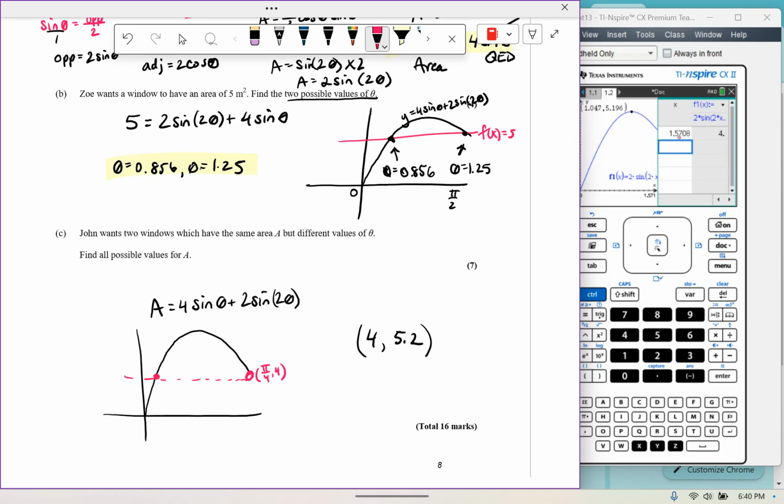And then we kept having two distinct solutions until we got to the tippy top, where we ended up just having one solution. And that happened at, what was the point? 1.047 to 5.2. Okay, so this would be our answer for where we would find two different values of theta that yield the same area.